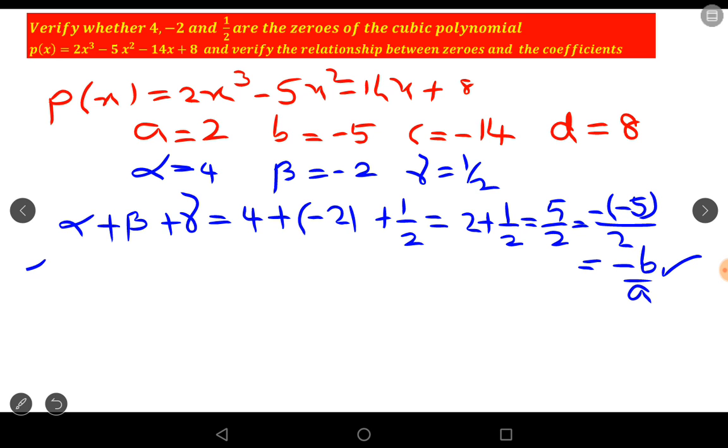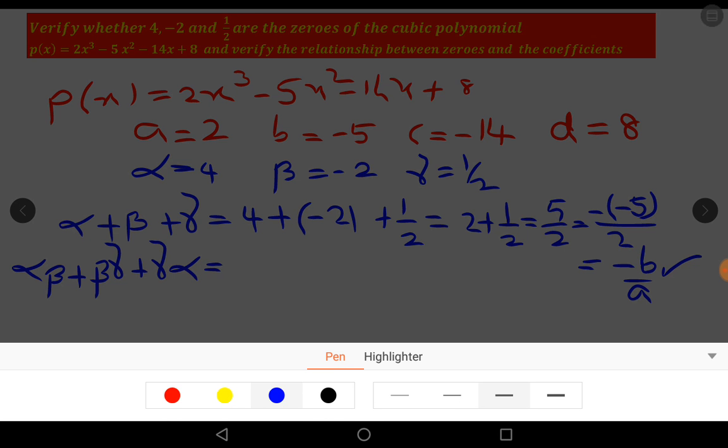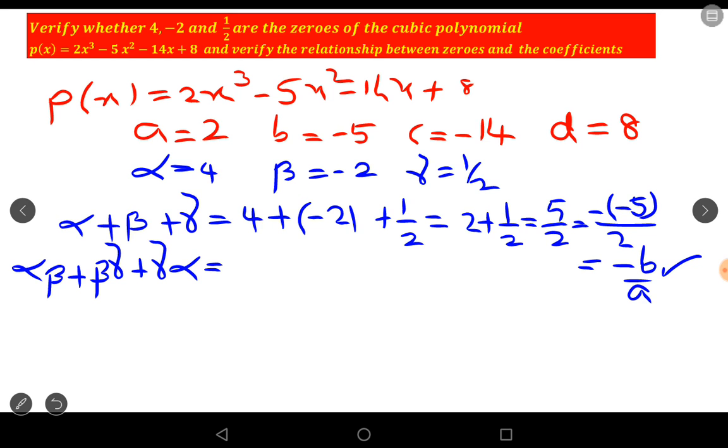Next, second one: alpha into beta, beta into gamma, gamma into alpha. Second relation. Alpha into beta means 4 into minus 2, minus 8. Then 4 into minus 2 plus minus 2 into 1 by 2, in the bracket. Third one, 1 by 2 into 4.